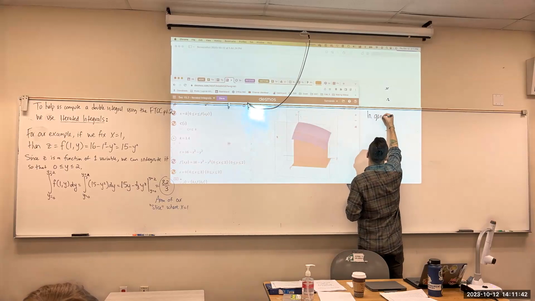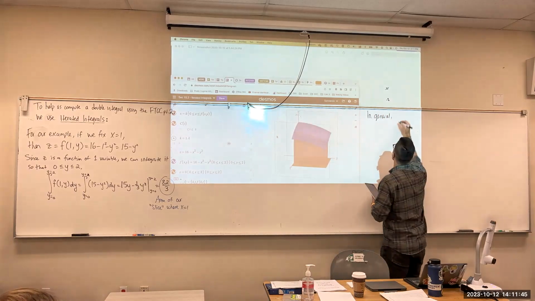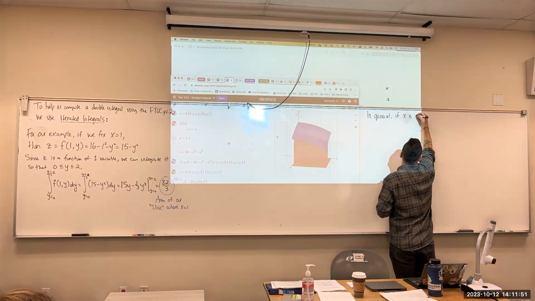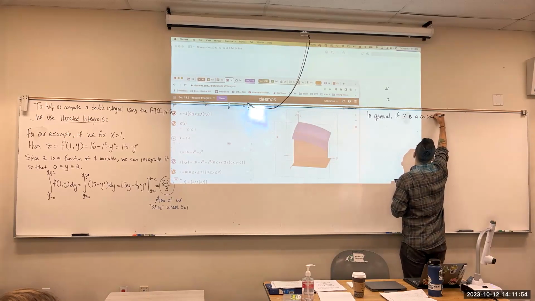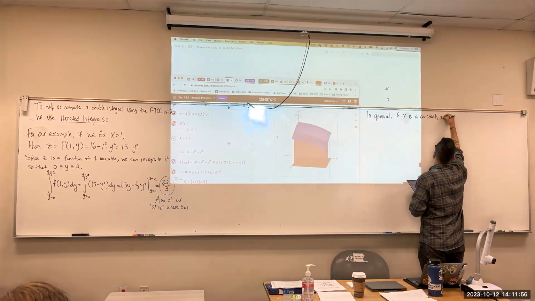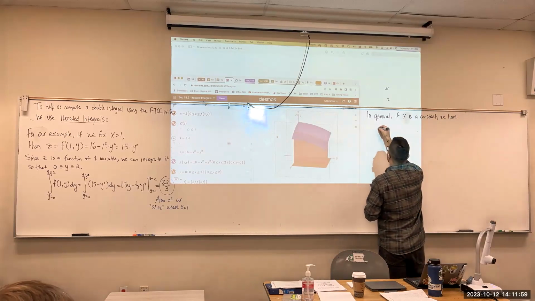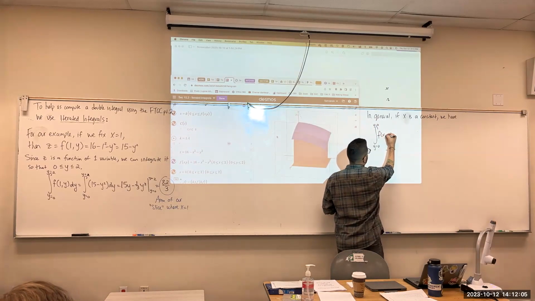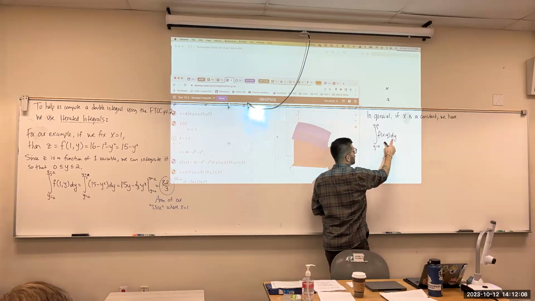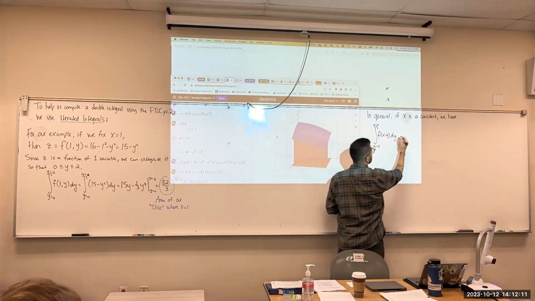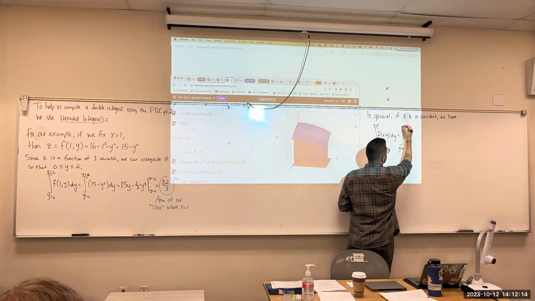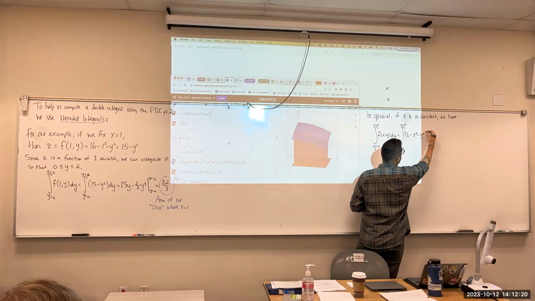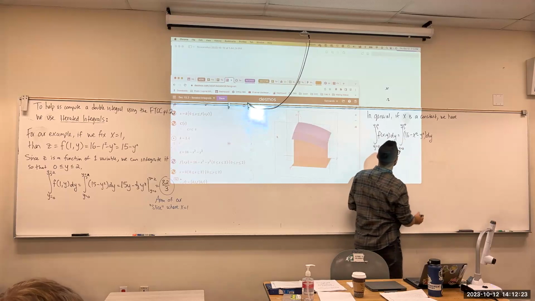So in general, if x is a constant, when I take the area where y goes from 0 to 2 of f of x comma y dy, because I'm only looking at the change in y since x stays constant, I'm integrating from 0 to 2 the function 16 minus x squared minus y squared dy.